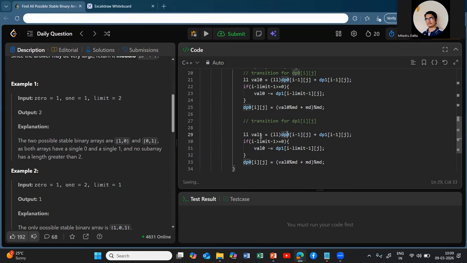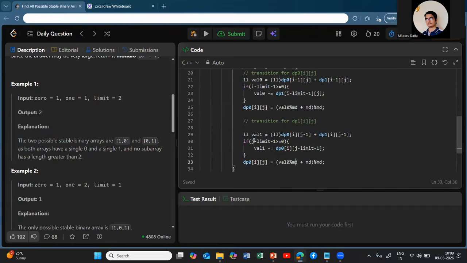How you can derive this equation, you can do ij minus 1. And this will also be, because from j minus 1 you are trying to get j once. So if j minus limit is true, then val1 should be something like dp0 of i and j minus limit minus 1.